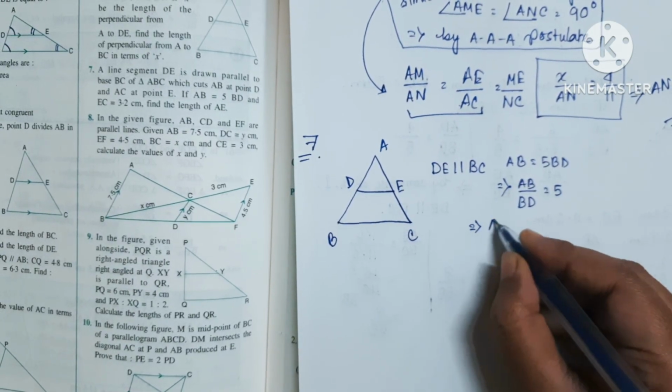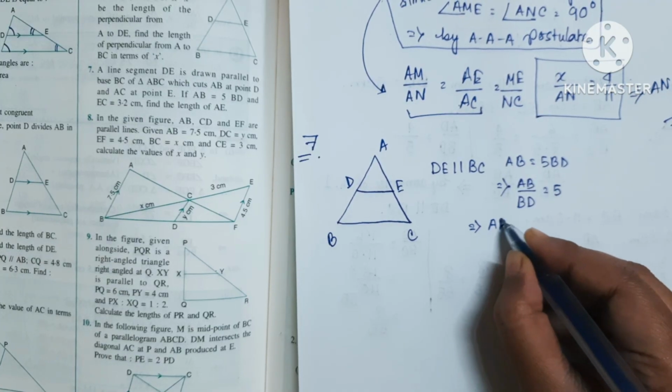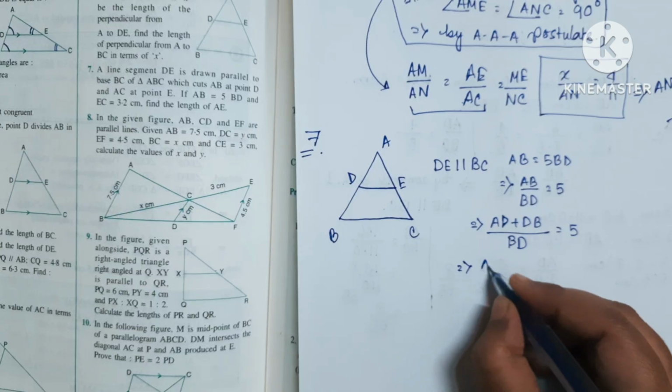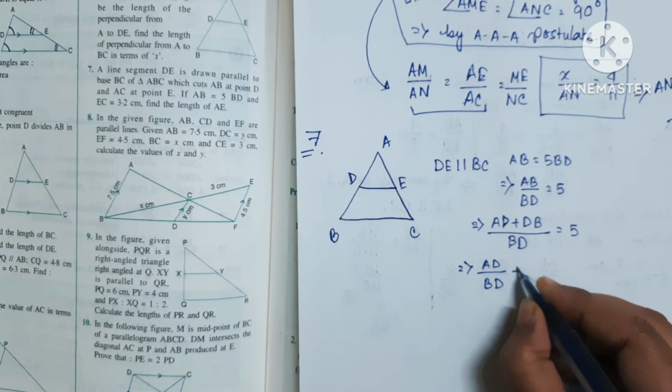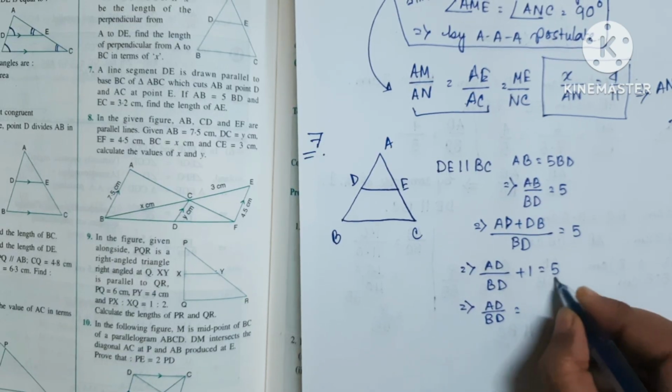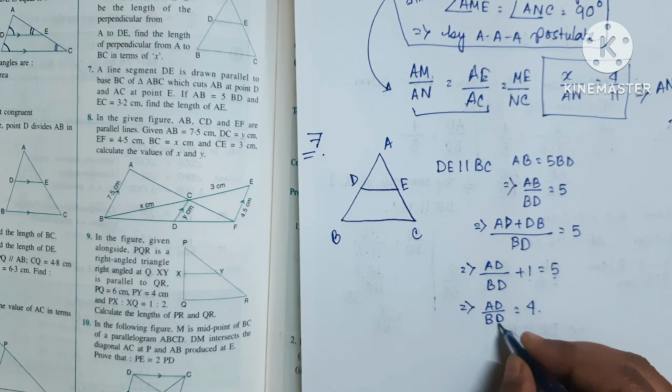Now if you write AB as AD plus DB by BD is equal to 5, so AD by BD plus 1 is equal to 5. That implies AD by BD is equal to 5 minus 1, 4. So AD by BD equals 4.